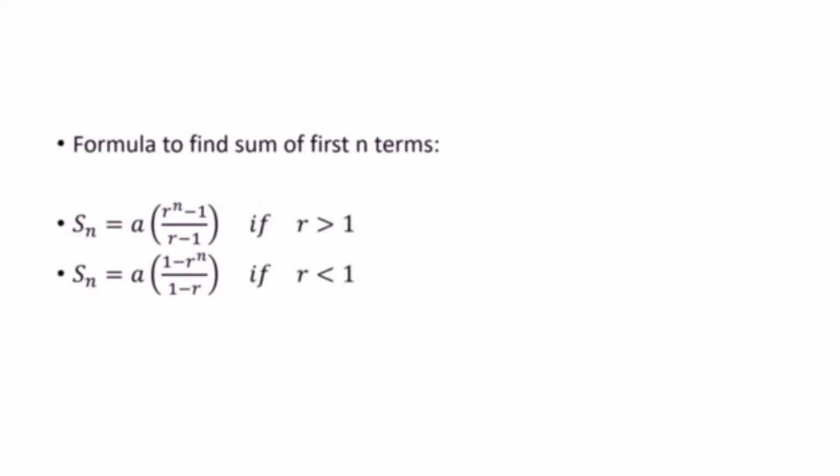If the R value is greater than 1, Sn equals A multiplied by R to the power of n minus 1, divided by R minus 1. If the R value is lower than 1, Sn equals A multiplied by 1 minus R to the power of n, divided by 1 minus R.